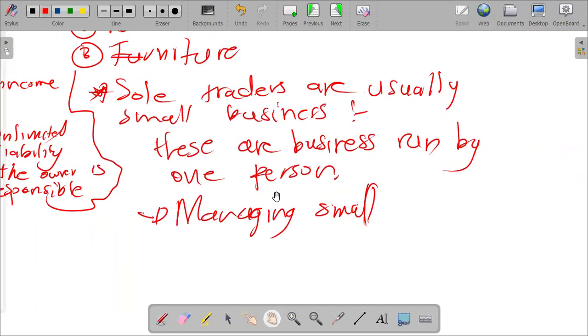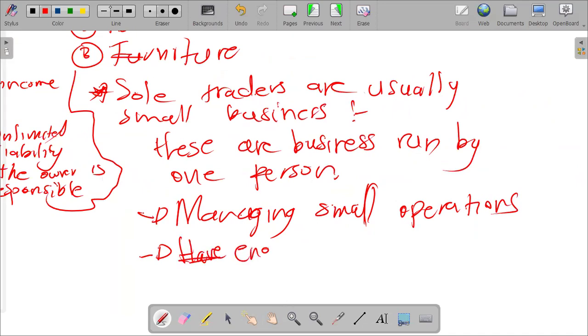That is why he's running it by himself, because it is easy for him managing small operations. And in some instances, a sole trader might not have enough capital to hire people, right?